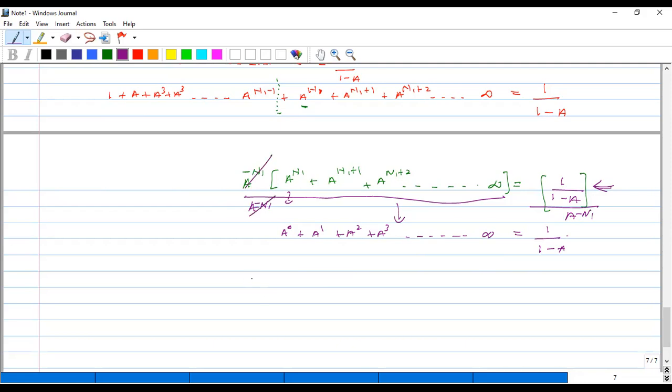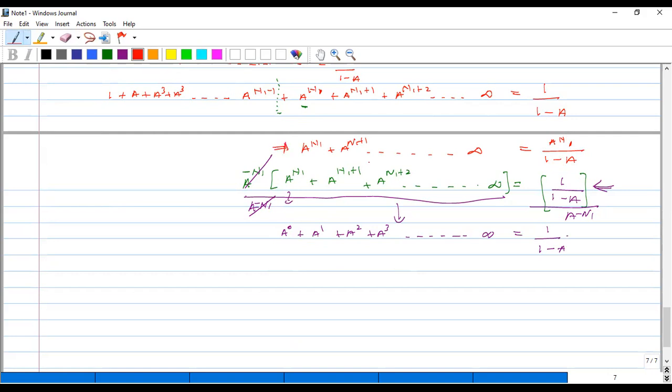We will have this kind of sequence, a^n1 + a^(n1+1), and so on up to infinity, and it will be equal to a^n1 over 1 minus a.